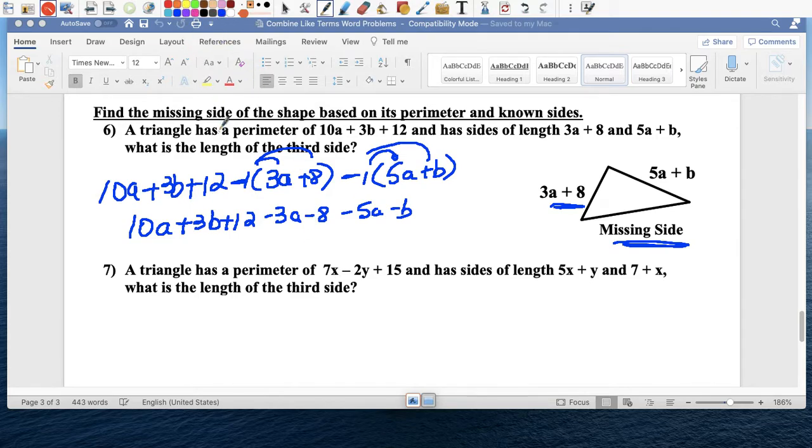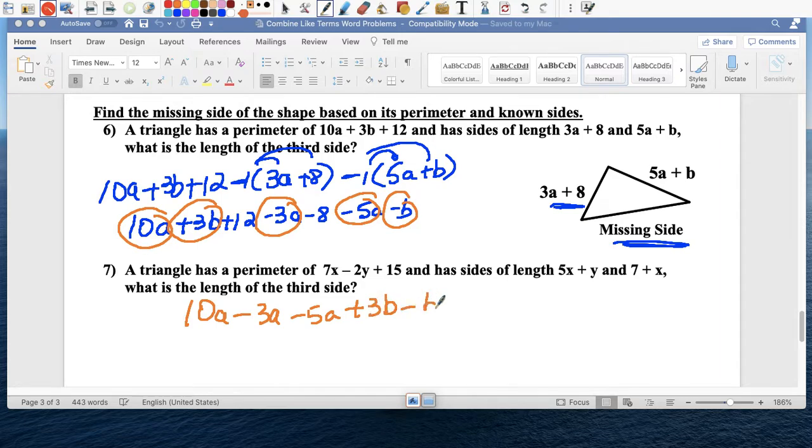Combine like terms. 10a, this a, this a. I get 10a minus 3a minus 5a. Then the b's: plus 3b, minus b, minus b. Wait, it's 3b minus b. And then the numbers, 12 and negative 8. So, plus 12, sorry, and minus 8.